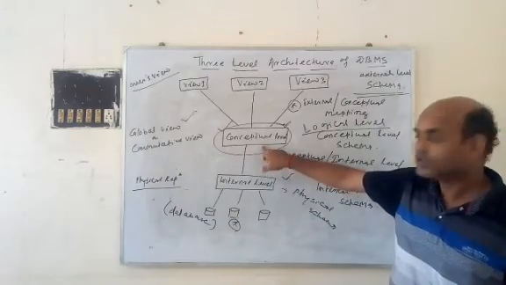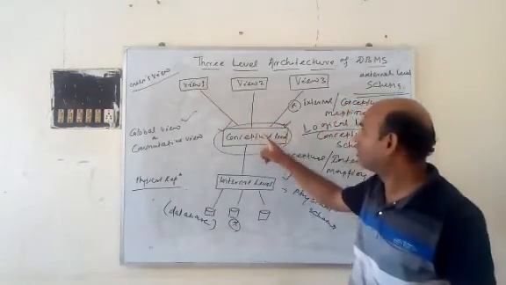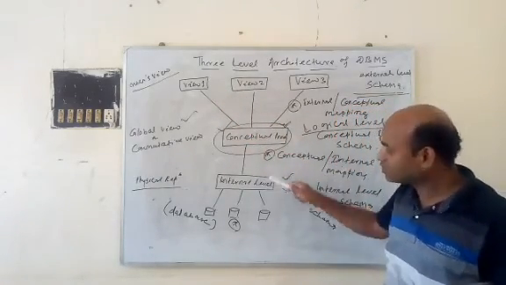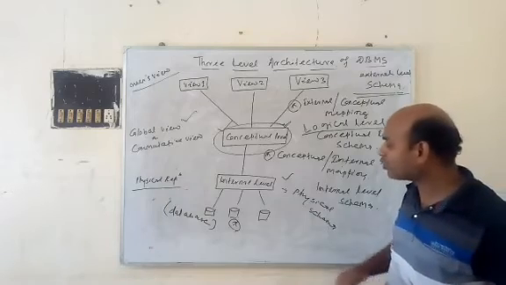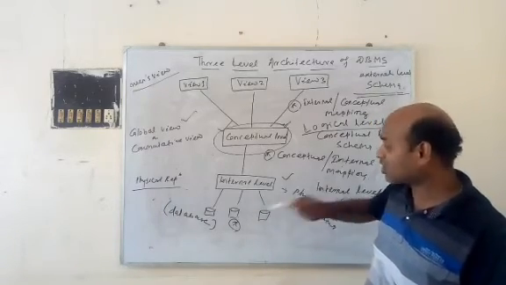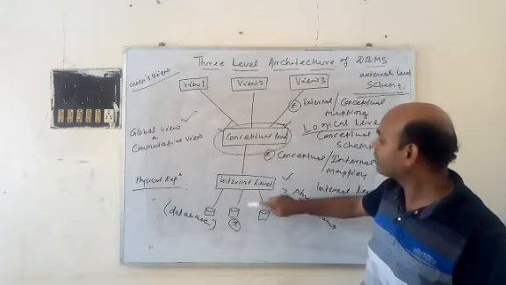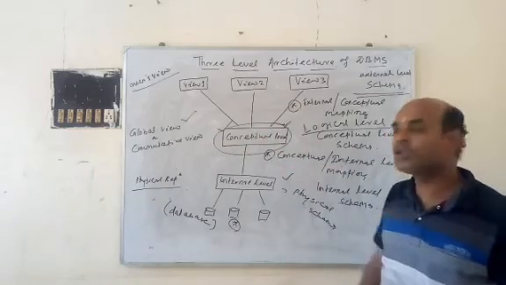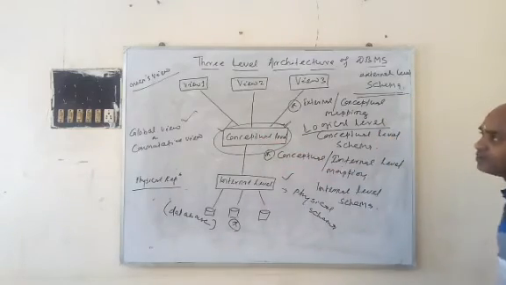So as the request comes from the external level to the conceptual level, then from the conceptual level to the internal level, that particular record stored in the database, the result, the database file, comes from the internal level to the conceptual level. Then again the conceptual level sends what the user wants to access to the user.